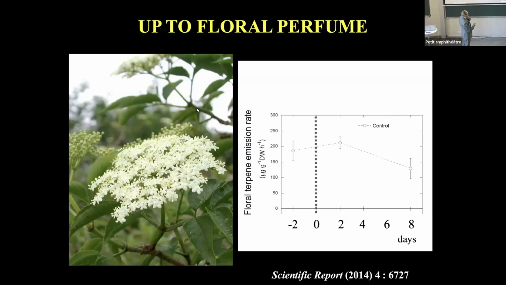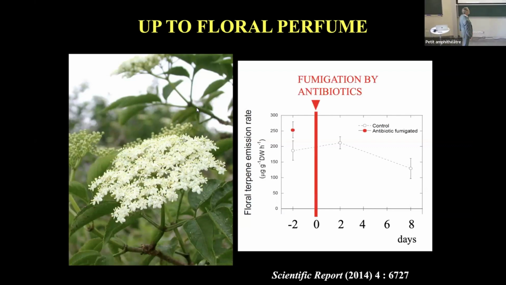And in this experiment, they have a control which over a week is producing those volatile terpenes, in an amount that is getting lower, of course, because the inflorescences are getting old. Another batch is submitted at day 0 to antibiotic fumigation, and the production of terpene crashes down. The nice thing is that the precursors in those flowers are accumulating.